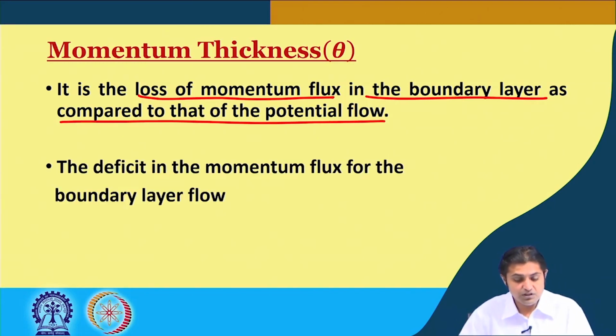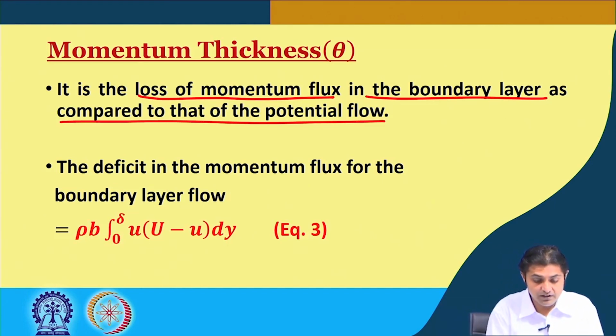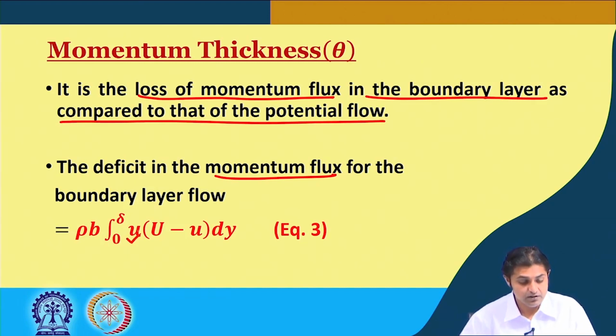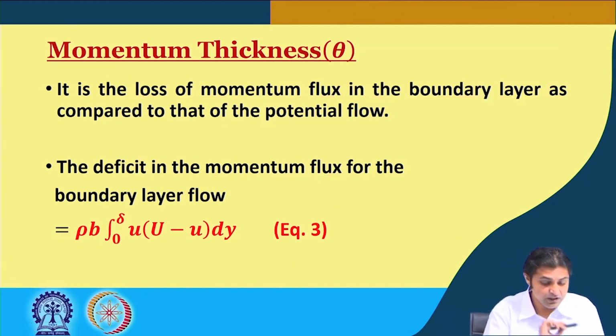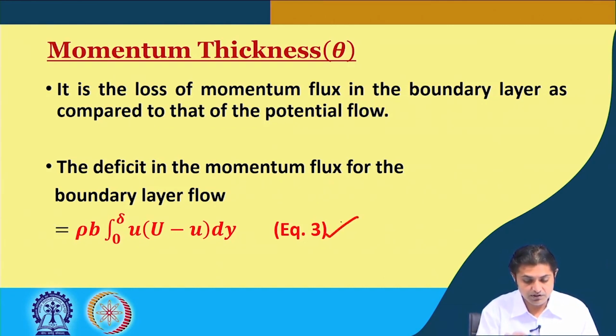Now, the deficit in the momentum flux for the boundary layer flow is written with the same fundamental. Now, instead of mass flux we have written momentum flux. Therefore, instead of simply rho b (U minus u), there is a multiplication term of a small u as well here. So, this is the deficit in the momentum flux, given by equation number 3.